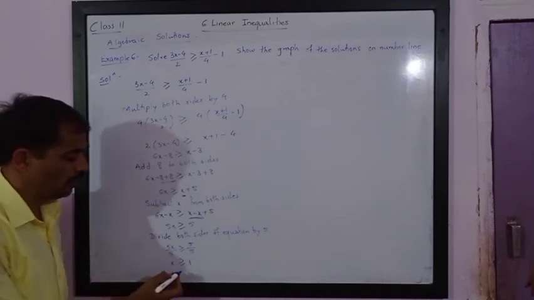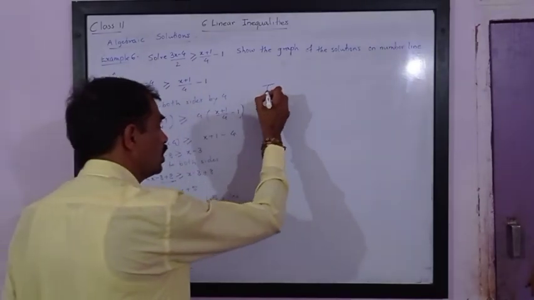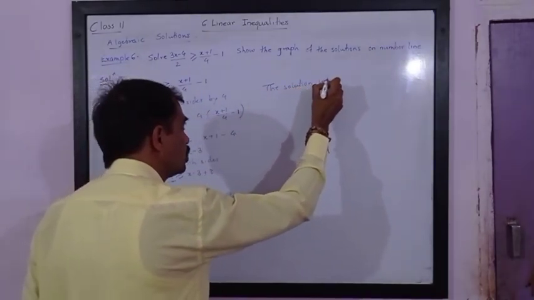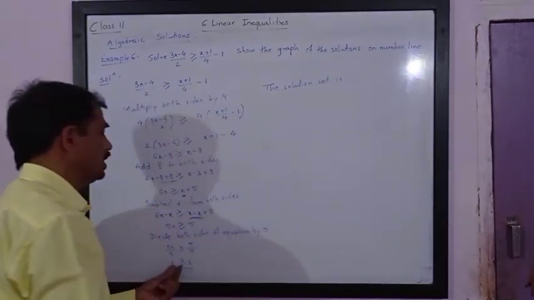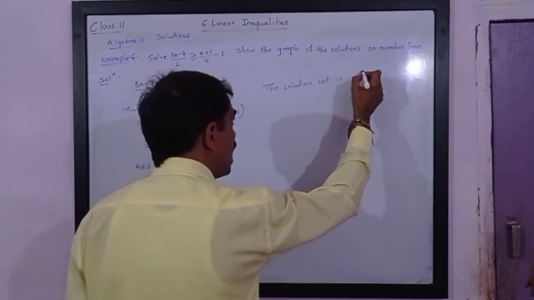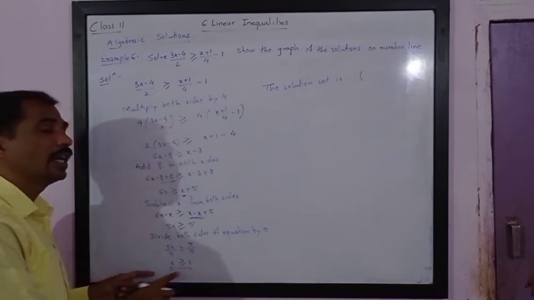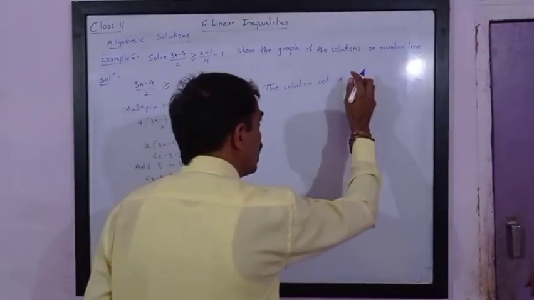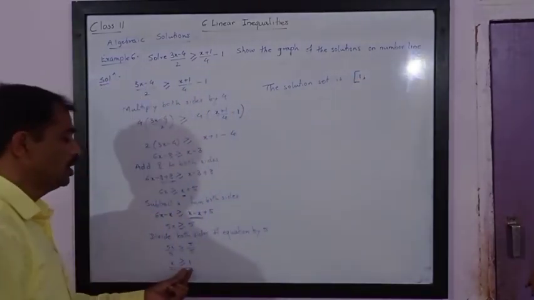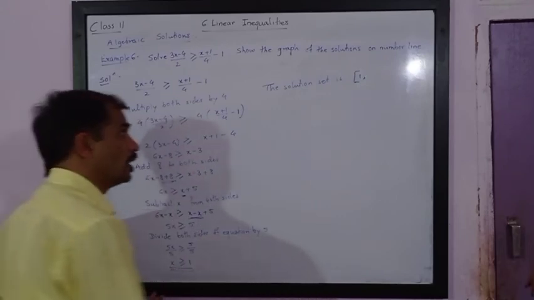Now we know the solution set is x is greater than or equal to 1, which means it will have all the values including 1 and greater than 1. So 1 is included, please note, it is equal to 1 and all values greater than 1.